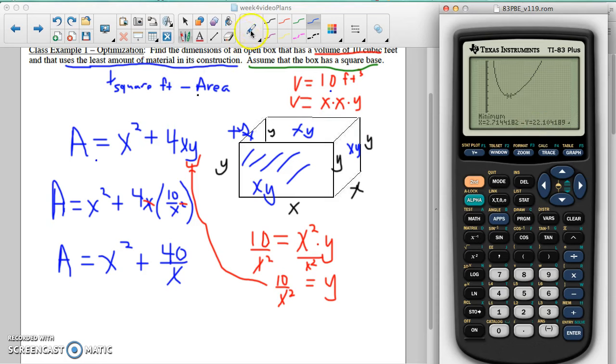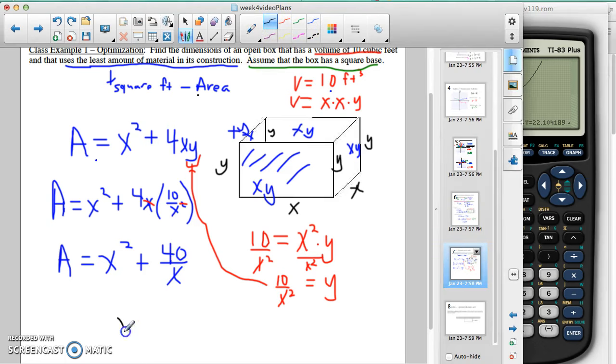So in this case, x is going to be approximately 2.7 feet for that dimension. And my area, which is my y value here, is going to be about 22.1 square feet.